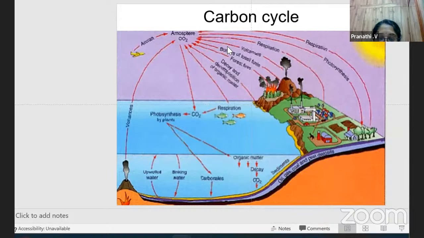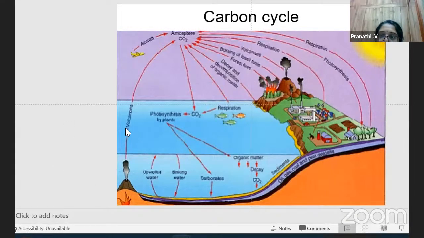When dissolved in water, it reacts with the water molecules and forms acid: water plus carbon dioxide gives carbonic acid. At the same time, rocks absorb carbon dioxide through a process known as weathering, because of which there is acidification taking place, and all of this again goes back into the ocean sinks.